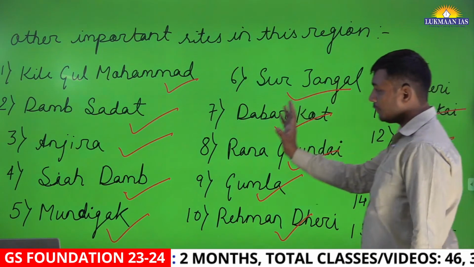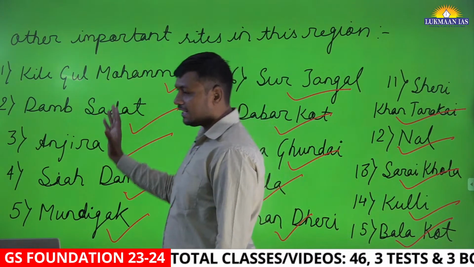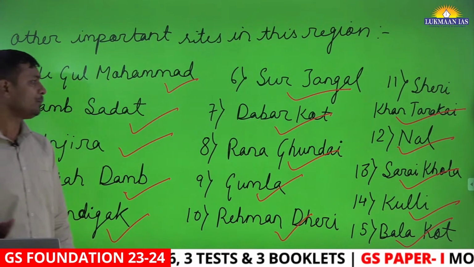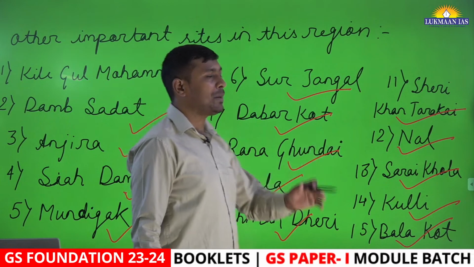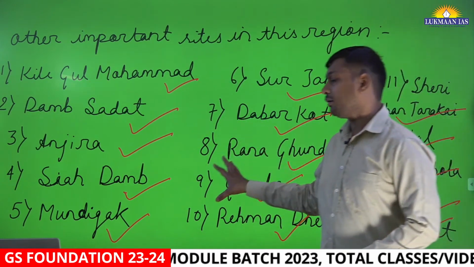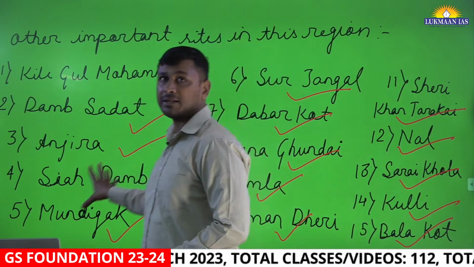So what all of you can do, if you are getting any of these names, all of you know as history optional students that your Paper 1 and the first question itself is related to the mapping section.